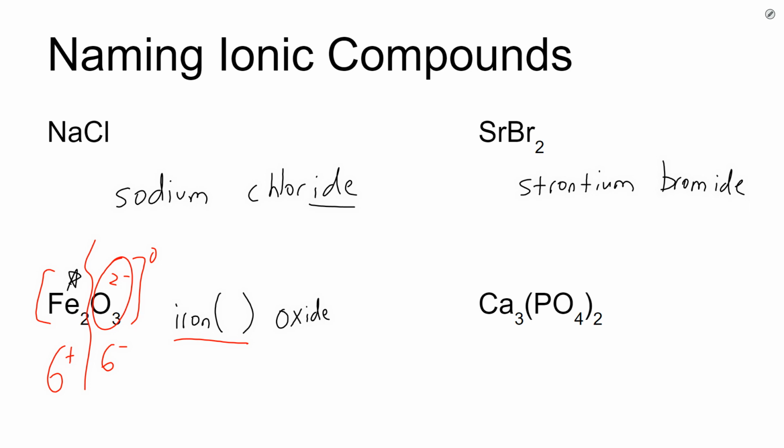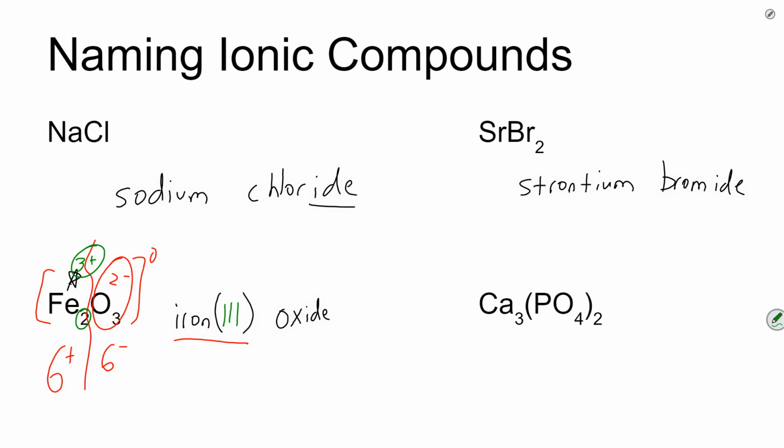Those 6 charges are split among 2 irons, so we're going to divide that 6 by 2, and we will end up with 3 plus for iron's charge. So that gets written down as iron 3, Roman numeral 3, oxide.